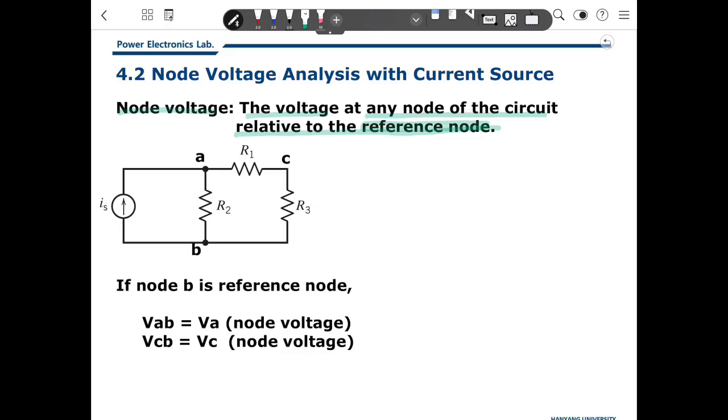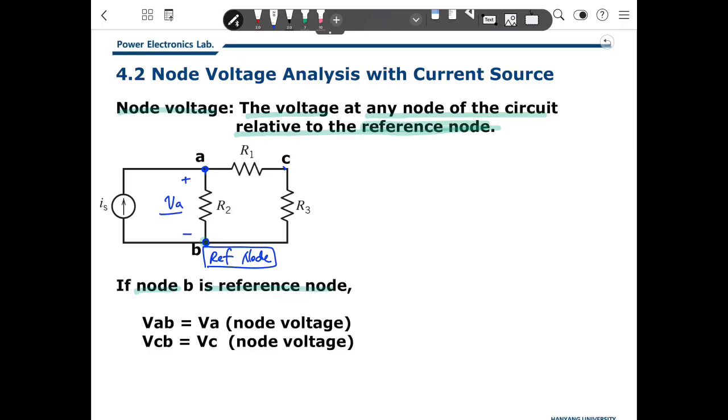So in this case, if node B is the reference node, then except for B, there are 2 nodes, A and C. Then we can define the voltage VA.